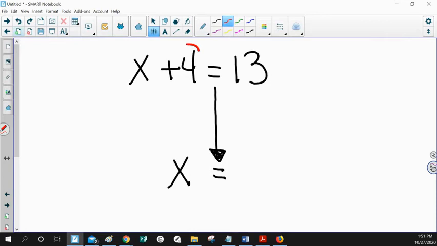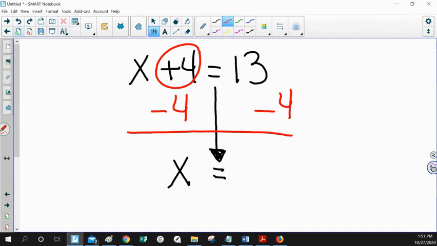To move our plus 4 to the other side of the equal sign, I have to zero it out on the left. And to do that, I need to subtract 4. Whatever I do to one side of the equation, I need to do to the other side of the equation.